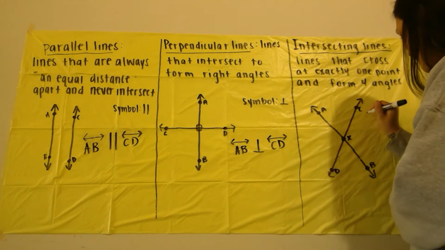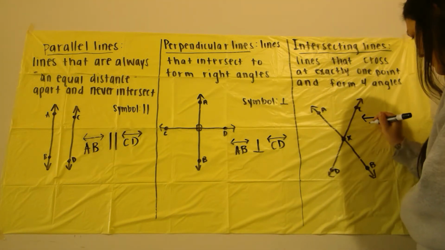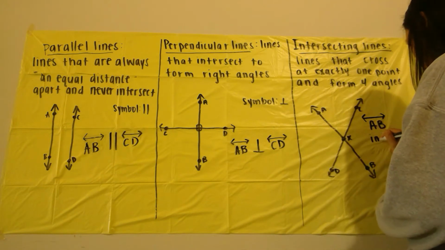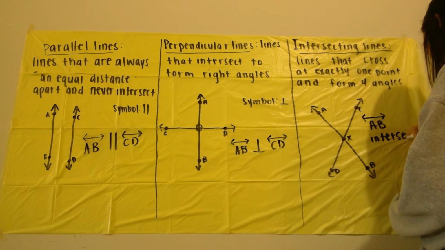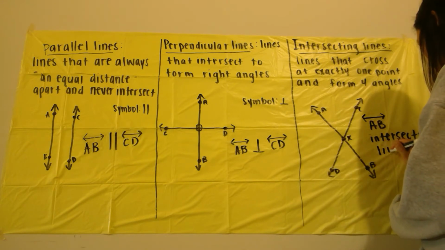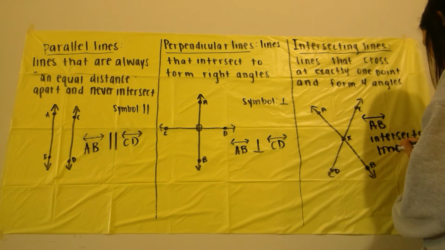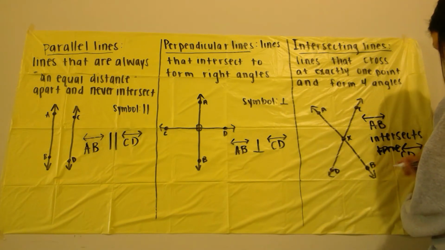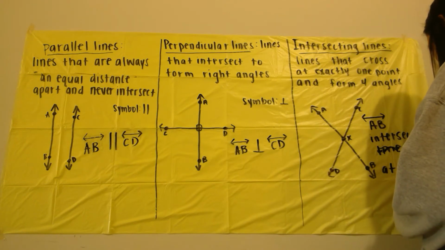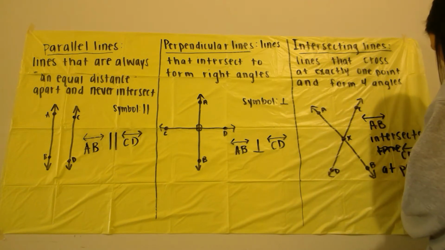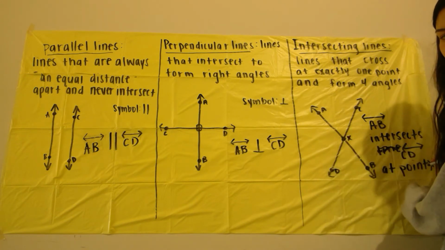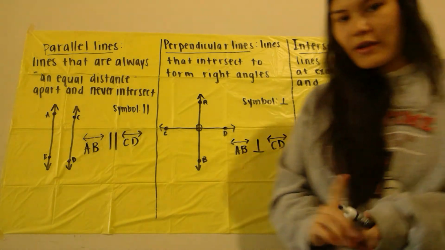So line AB intersects line CD at point X right here. So this is where they cross each other. All right, make sure you have all that written down, and then we're going to practice a few more.